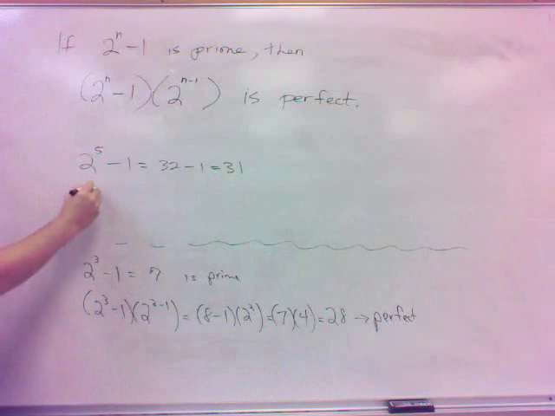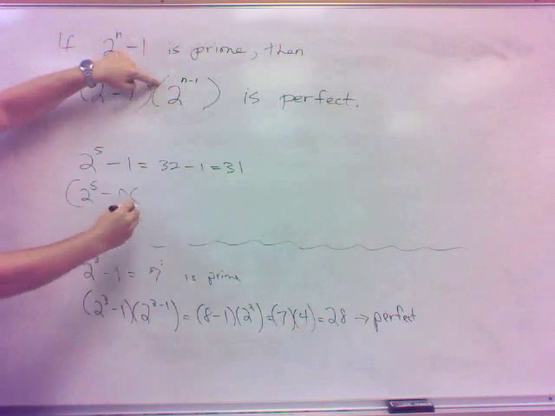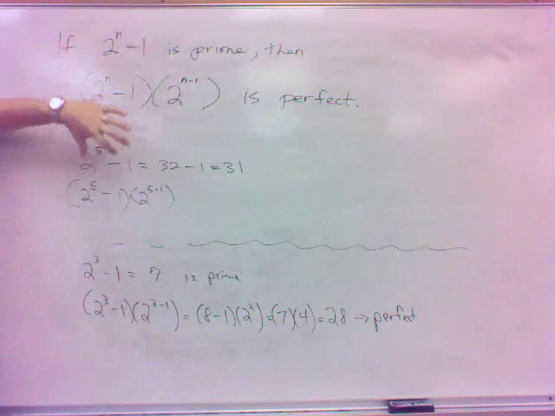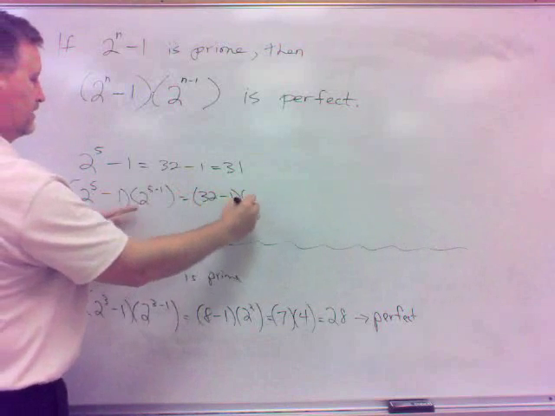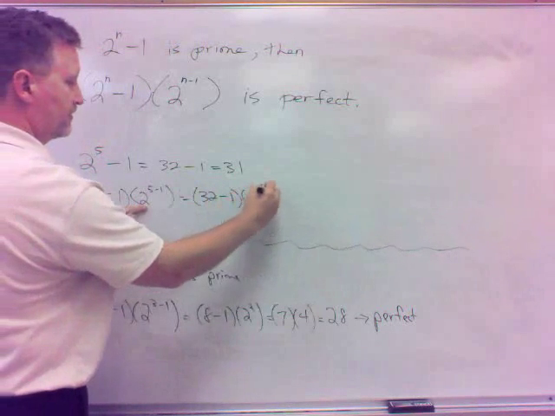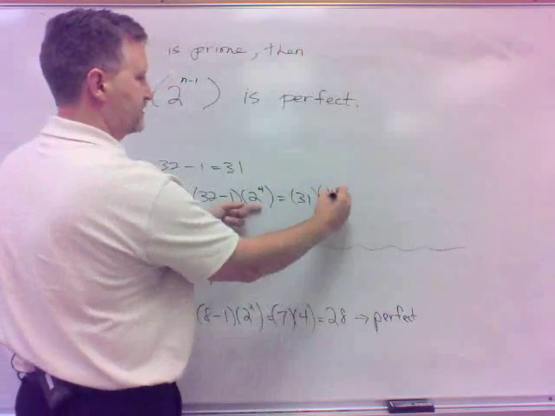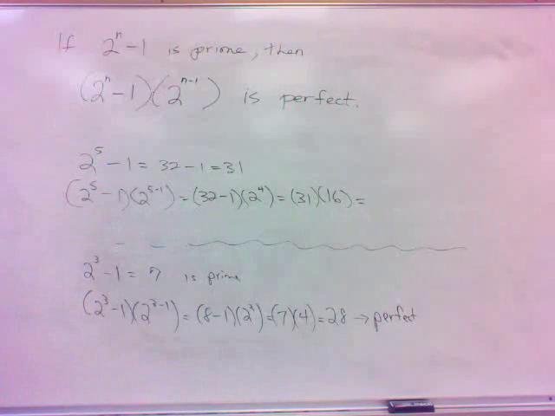So then we go 2 to the fifth minus 1 times 2 to the 5 minus 1, right? First would be 32 minus 1. And this would be 2 to the fourth. So that's going to be 31 times 2 to the fourth, which is 16. What does 31 times 16 give you? Somebody punch it up.